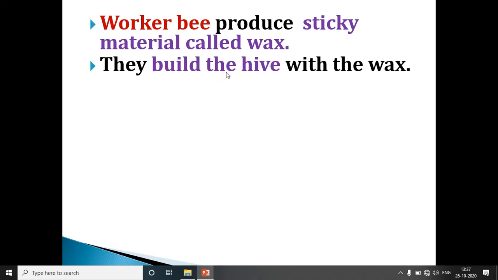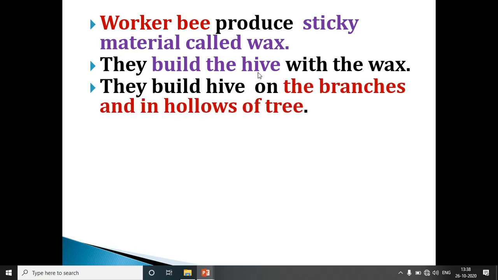They will build the hive with the wax, the sticky material produced by them. So what is meant by wax? The worker bee produces a sticky material called wax, which is used by the worker bee to build the beehive. Understood, children?